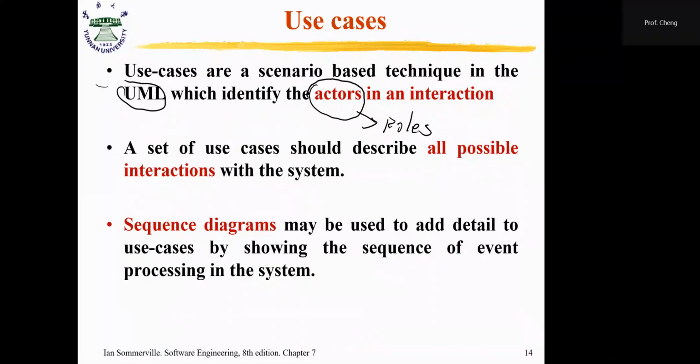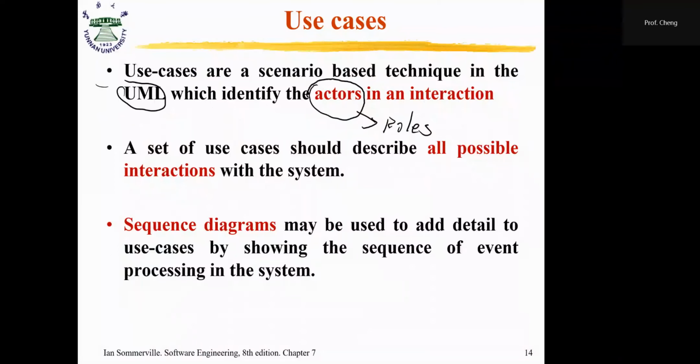So very simple project, only 3 actors. But you should remember that in the future, if you are involved in a real project, the actors may be multiple, not only 2 or 3, maybe dozens, maybe 10, maybe 20 actors. So the user cases may be very complex.